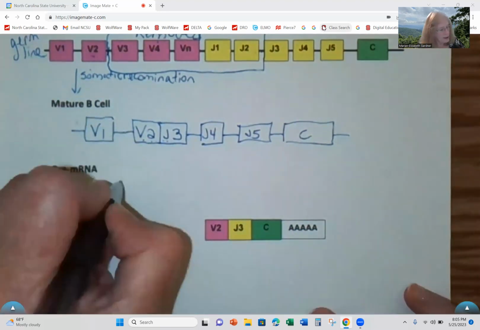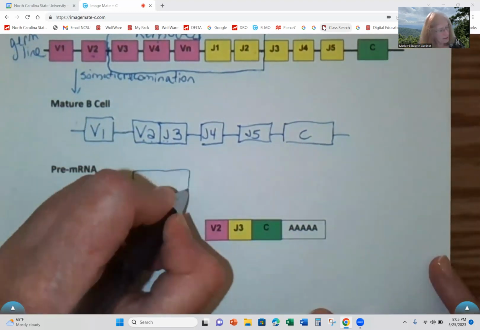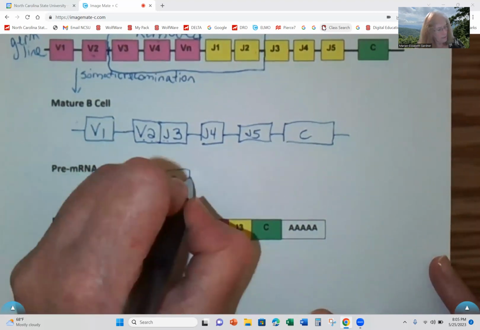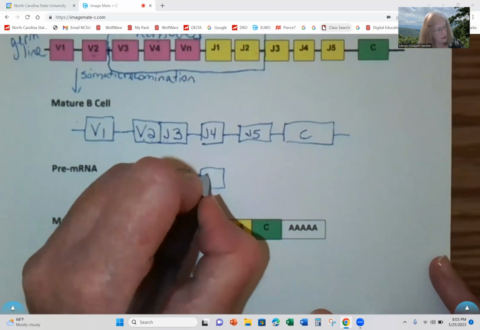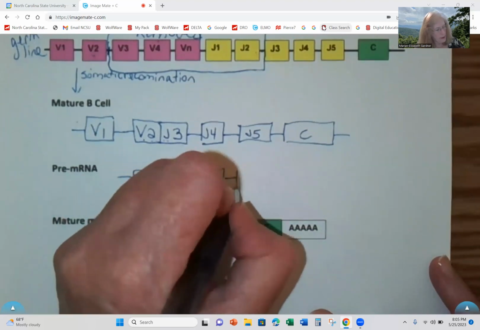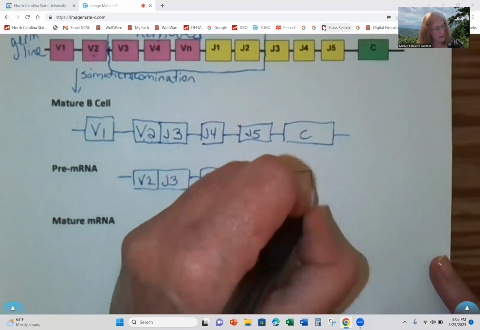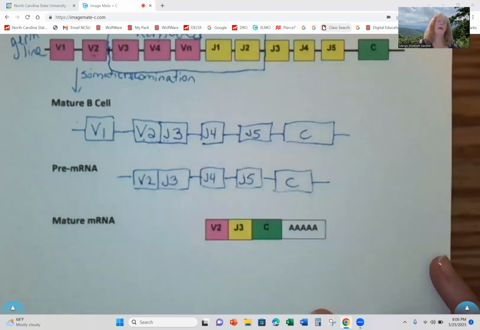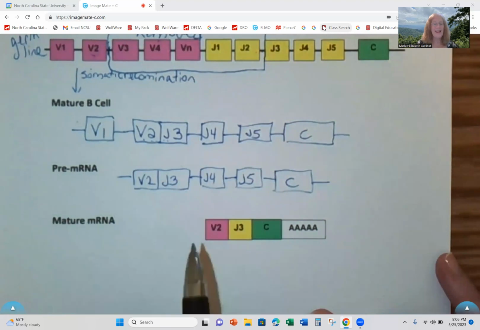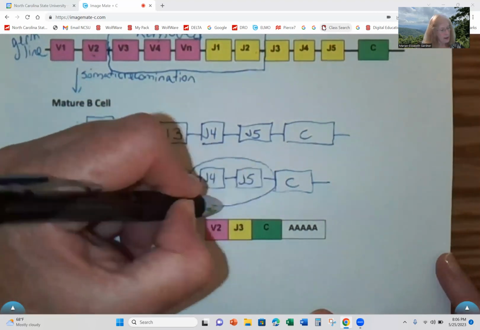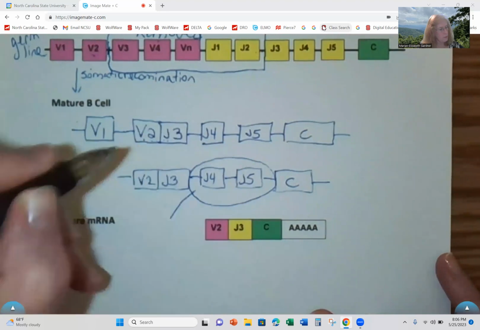So effectively we have this V2, J3, J4, J5, and the constant region. But at the end of the day, our messenger RNA just has to have V2, J3, and the constant. So all of this part right here is processed out.